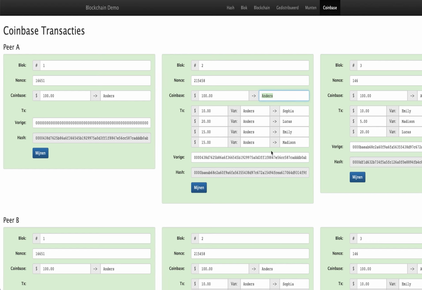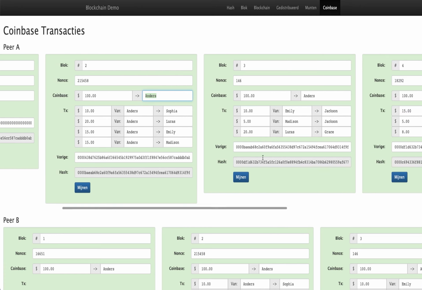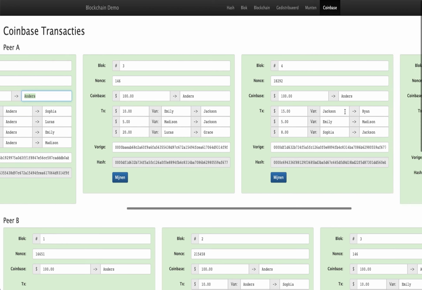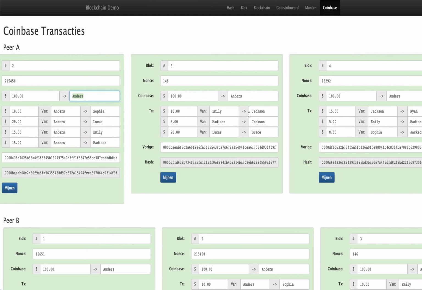Here you see transactions from Anders to other peers, 10, 20, 15 bucks to Sophia, Lucas, Emily and Madison. So not only Anders has money now, also Sophia, Lucas, Emily and Madison have money.